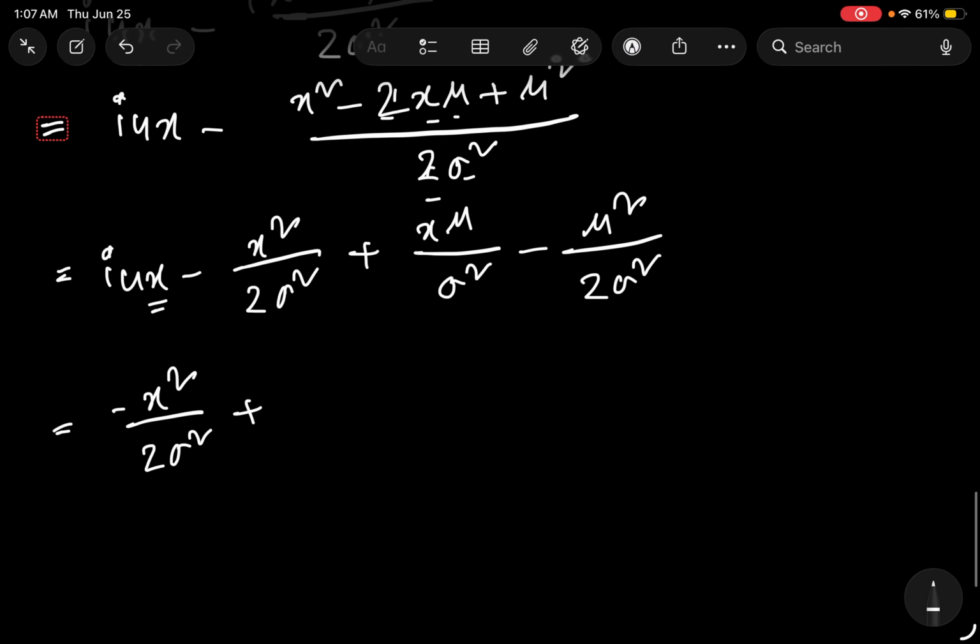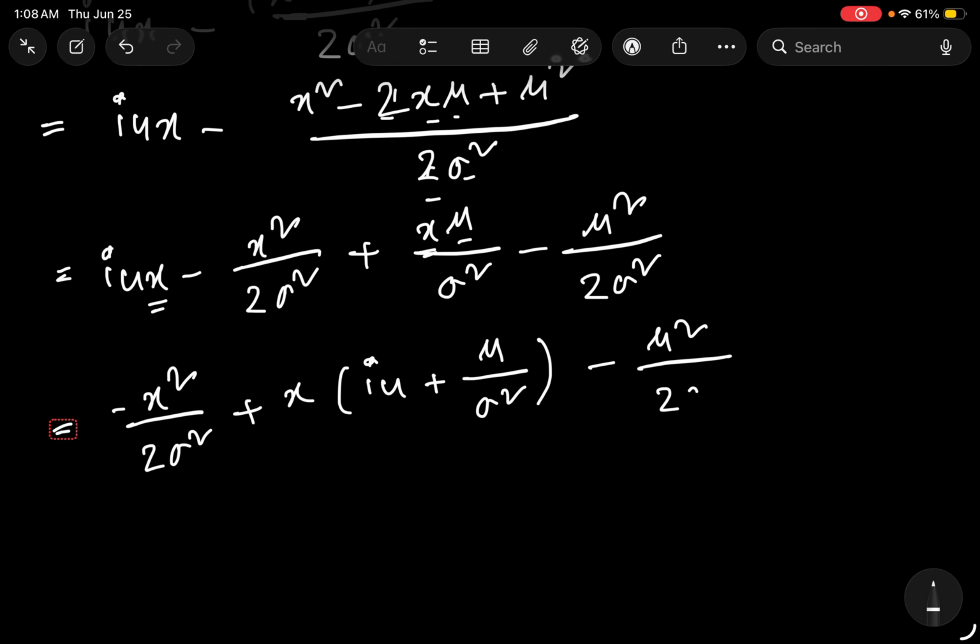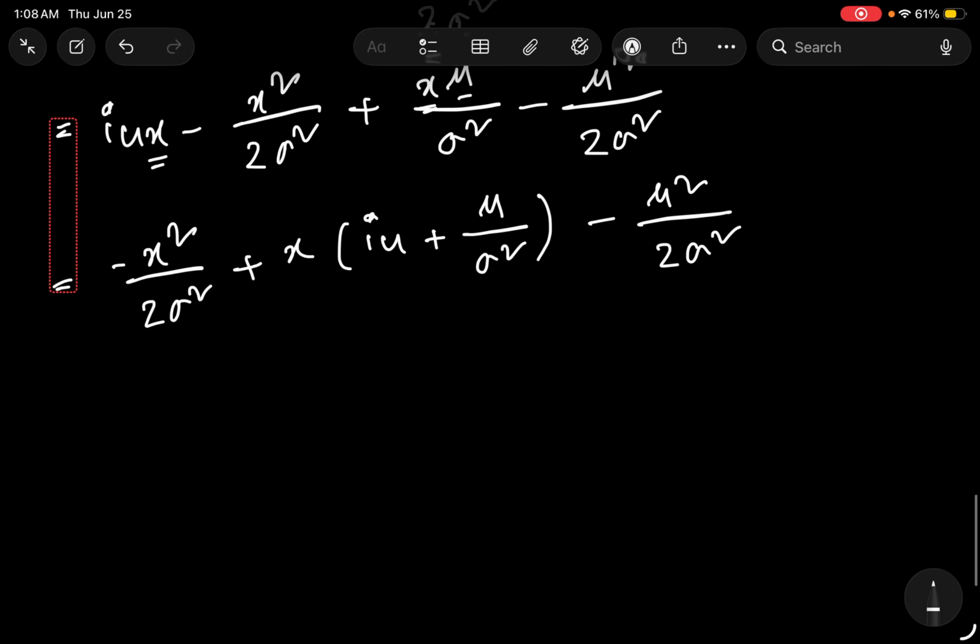You have 2x components, take them common, it becomes iu plus mu by sigma square, minus mu square by 2 sigma square. Take this as a common denominator.